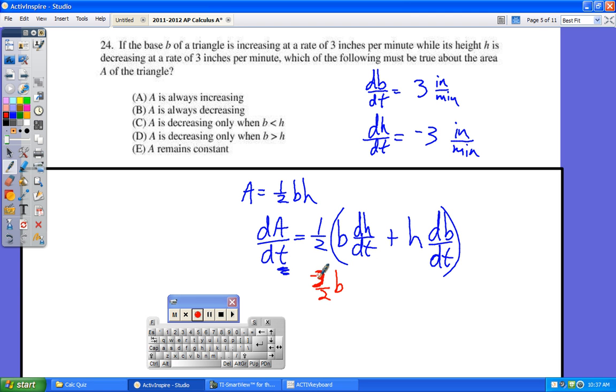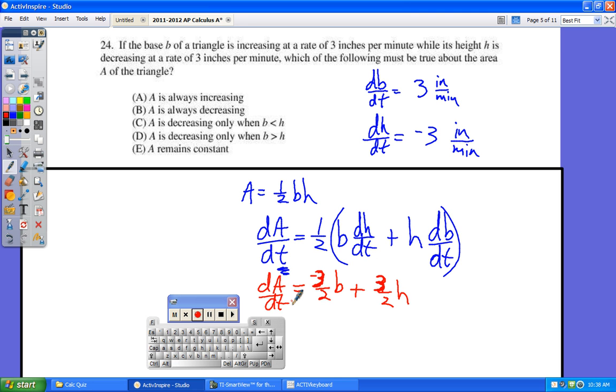And then over here we have h times 1/2, so 1/2 h times dB/dt, which is a positive 3. And we're adding those. So I have negative 3/2 b plus 3/2 h is equal to dA/dt.